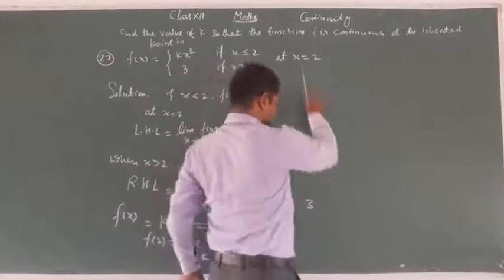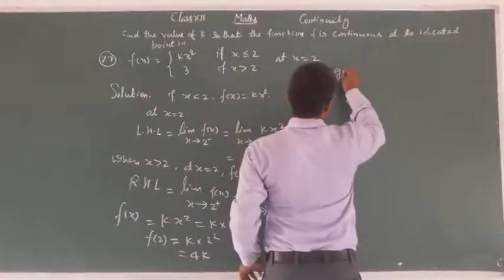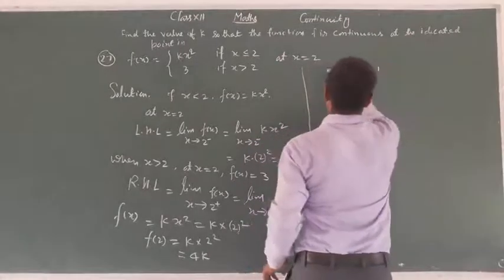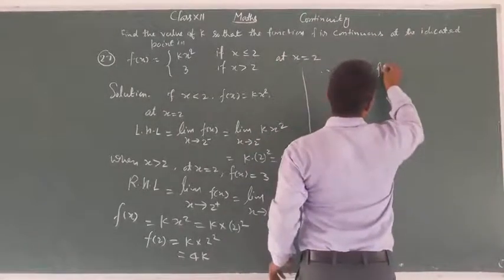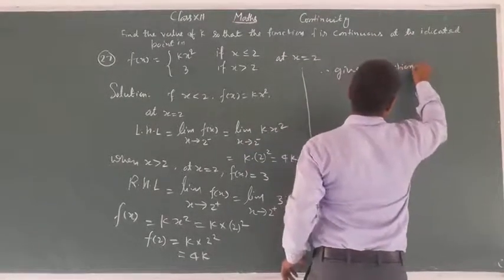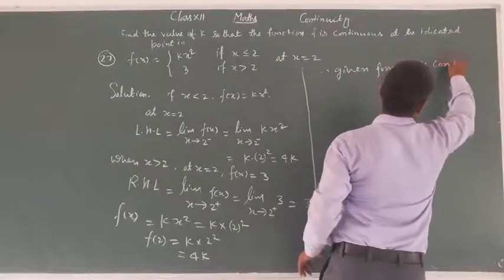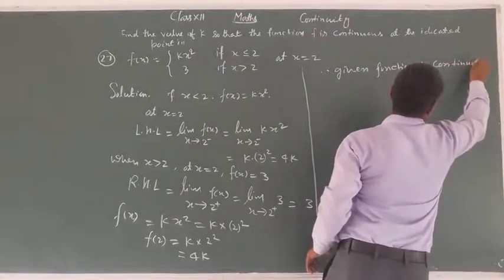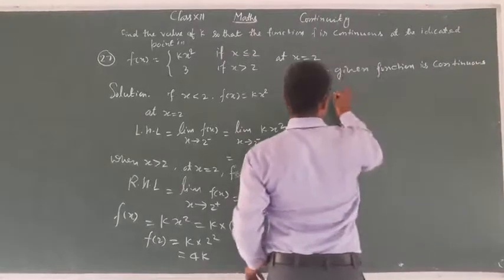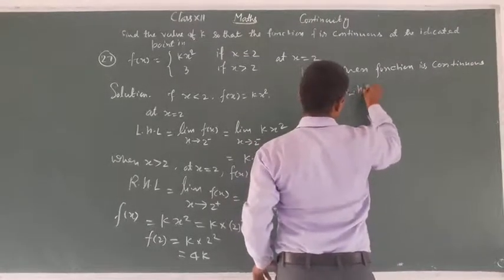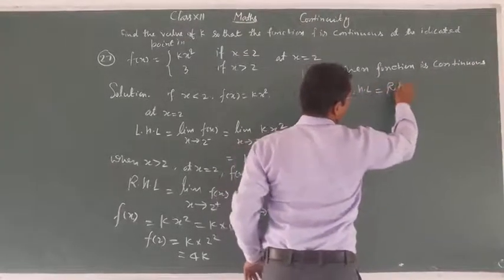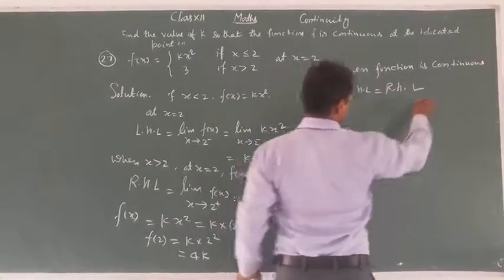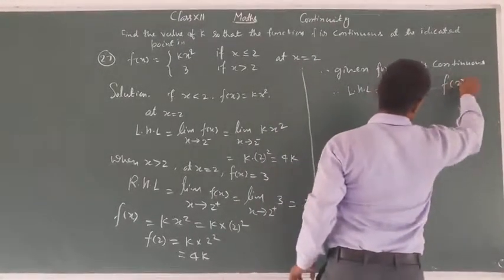Since the given function is continuous, therefore left hand limit is equal to right hand limit is equal to f(2).